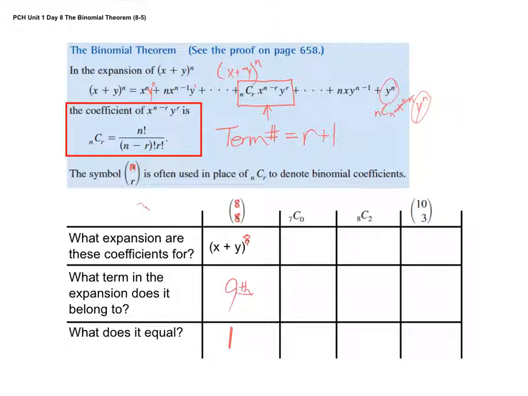If we were raising 2x plus 3 to the 5th, we would have 2x to the 5th power. The binomial coefficient would be a 1, but 2 would be raised to the 5th power. We'd end up seeing a 32 in there, but this is what we're talking about here. So it is a coefficient, right? What does it equal? 1. 8 choose 8 equals 1.